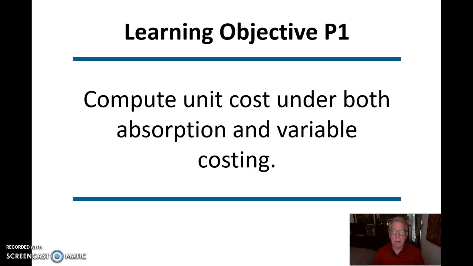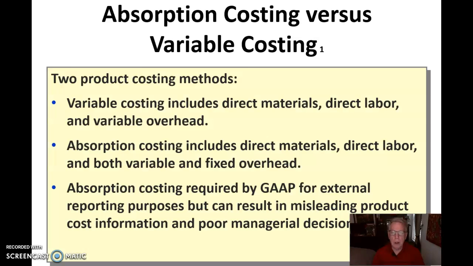Here, we're going to compute the unit cost under both absorption and variable costing. So we have two product costing methods. You're familiar with absorption costing. I'll jump ahead a little bit to this one. That costing includes direct materials, direct labor, and both variable and fixed overhead.